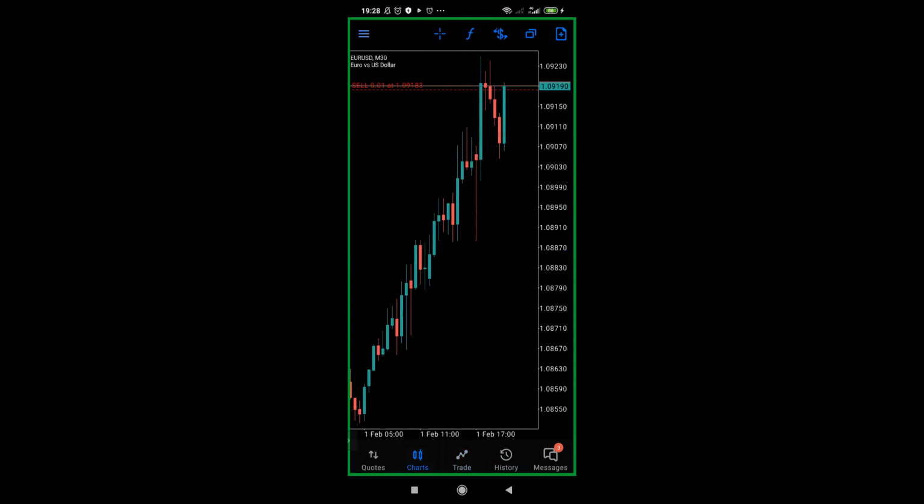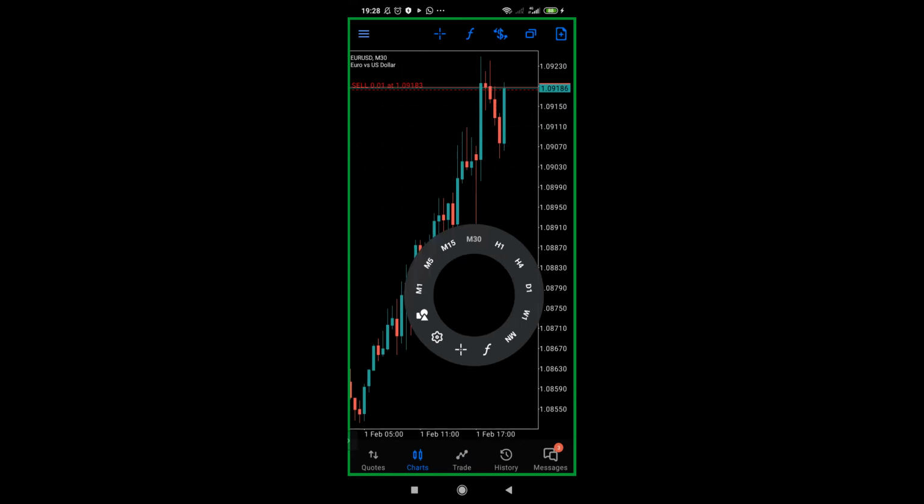And then also by default, the color of your candlestick is not going to be red and green. You can change the colors to anyone you want. So let me just talk about that quickly. To change the color of your candlestick to what you feel comfortable with, you want to tap on the chart. You see settings. You click on this wheel icon, that settings icon, we all know it.